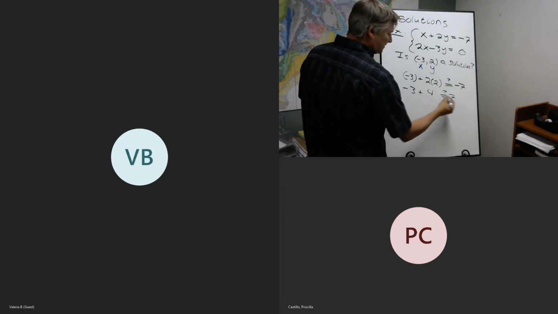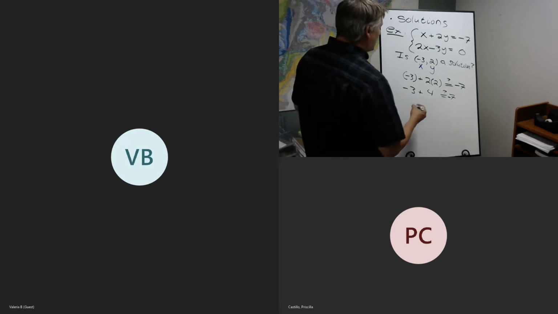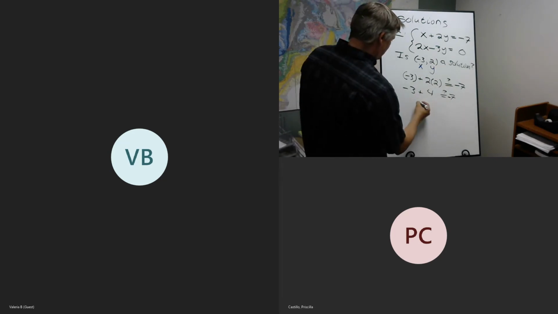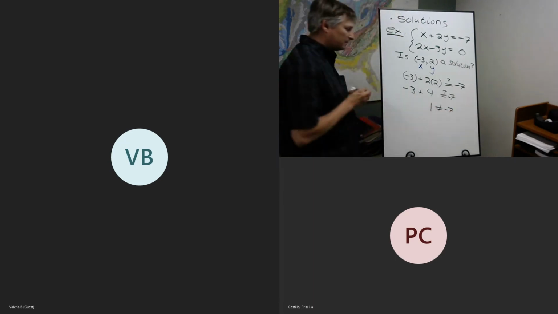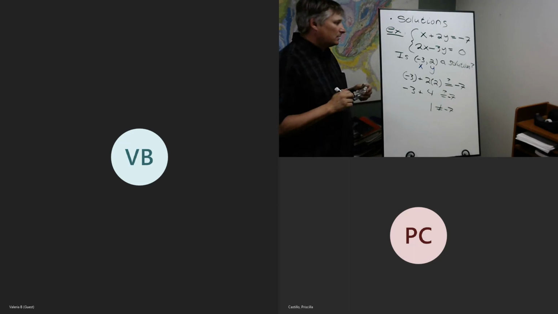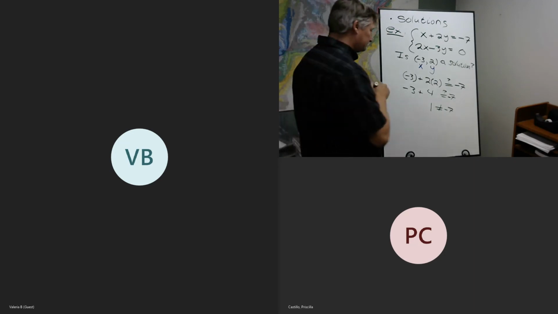Well, the answer is going to be no. Oh, I see. Yeah, that won't work. So what we're going to get is 1 does not equal -7. So right away, this isn't going to work. We know this is not a solution.